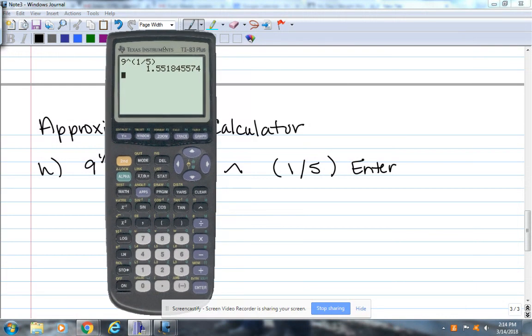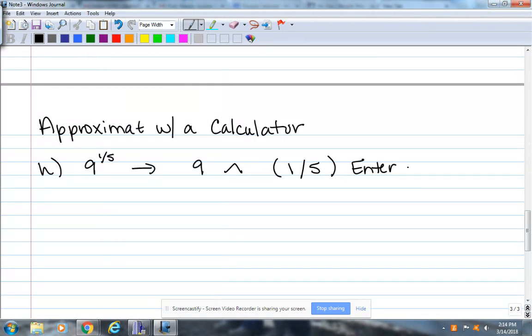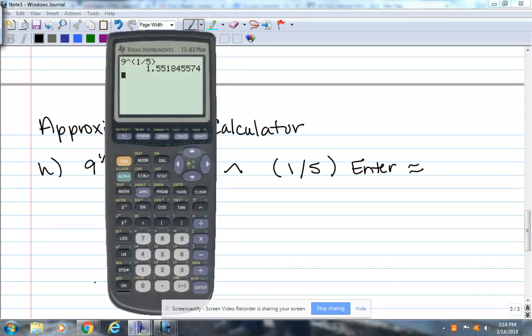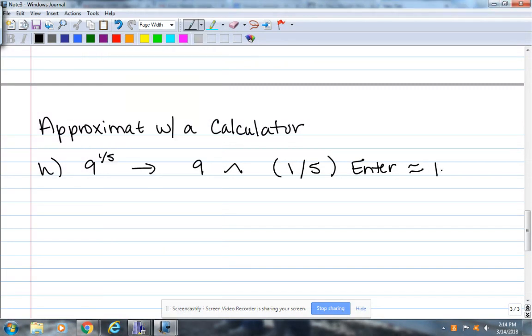And let's round to 2 decimal places. 2 decimal places would be 1.55. So approximately, make sure you use the squiggles, not the equal sign, 1.55. So you're going to do your base, rooftop, parentheses, put your fraction in. Close parentheses, hit enter. And it might work if you don't close your parentheses. I don't know. I haven't tested it out yet.